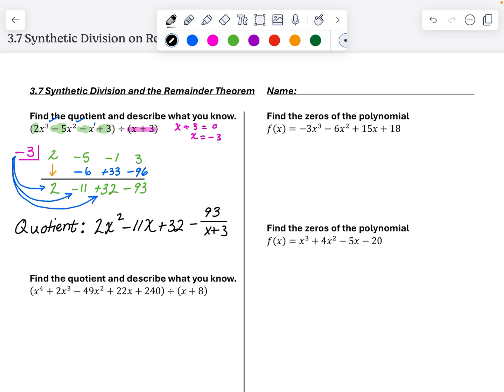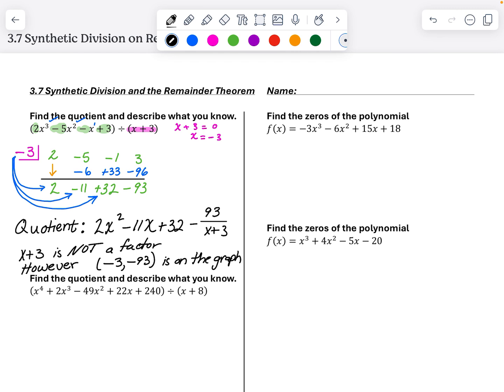Because we did not get 0, because we got a remainder of negative 93, we are going to say that x plus 3 is not a factor of the polynomial. However, the ordered pair negative 3, negative 93 is on the graph, or is a solution.